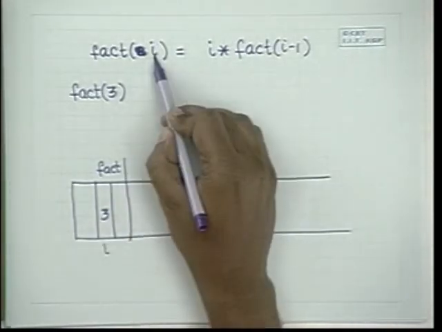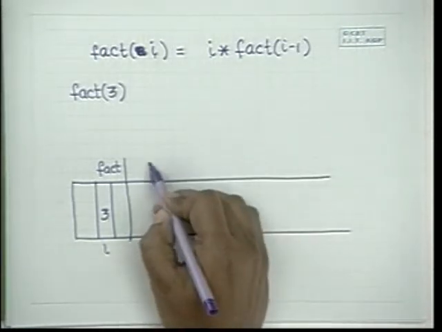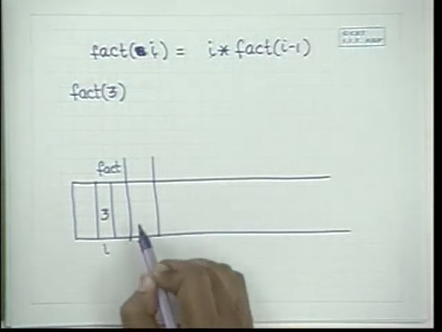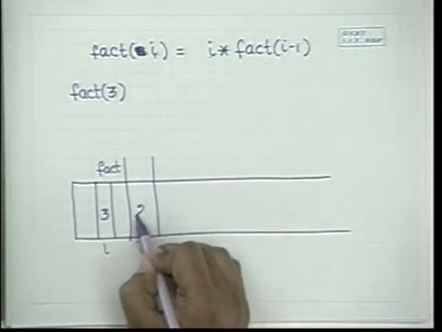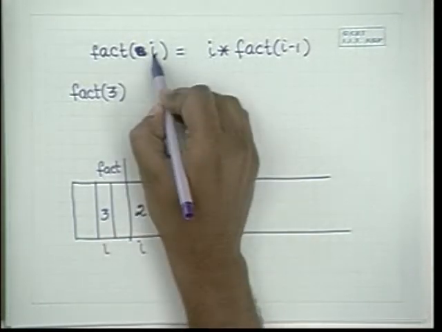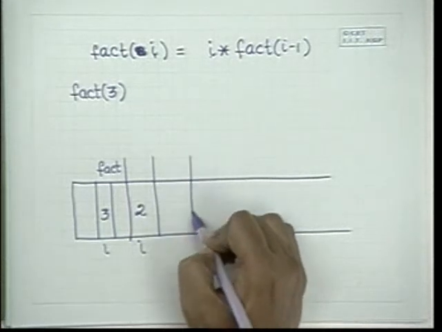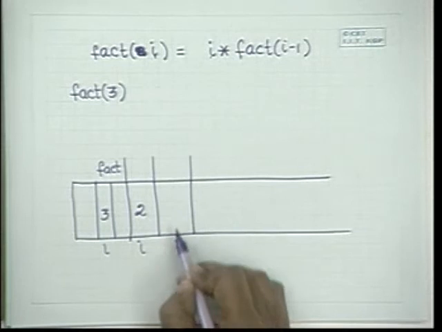Now once you get the value of 3, you again call fact. So another data segment here for I is created with value I minus 1. So you get 2. Now once you get 2, since this is still greater than 1, again you call fact. So another data segment is created with the value of I to be 1.